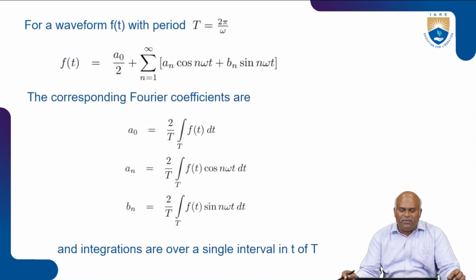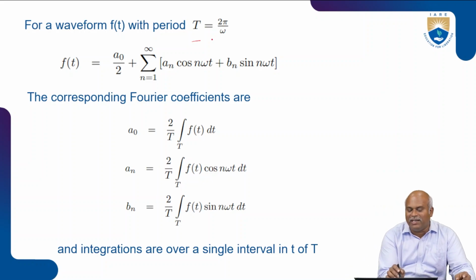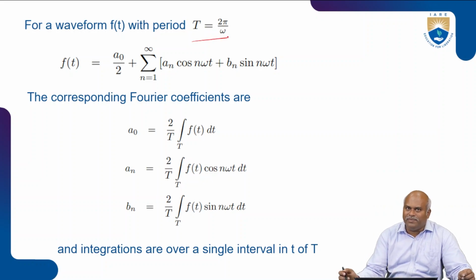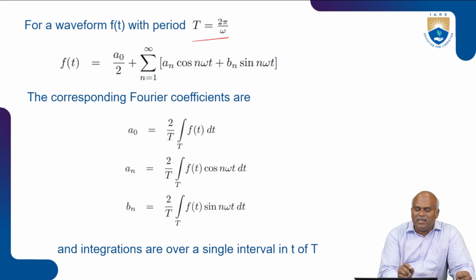Next question. For the waveform f of x with fundamental period T equal to 2 pi by omega, under this condition, the trigonometric Fourier series is f of t is equal to a0 by 2 plus summation of n equal to 1 to infinity an cos n omega t plus bn sin n omega t.